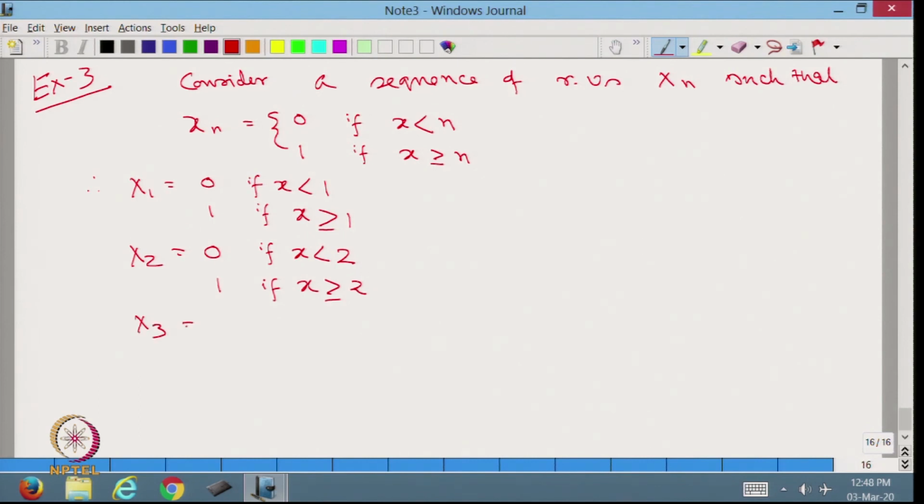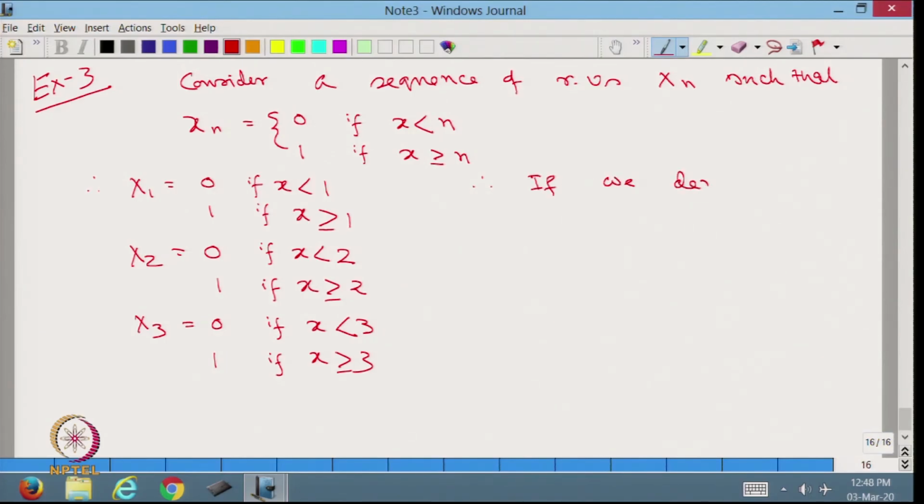X_3 is equal to 0 if x is less than 3 and equal to 1 if x is greater than or equal to 3.